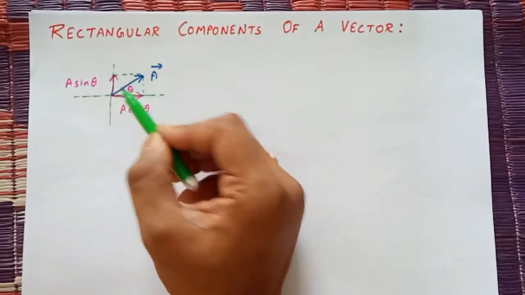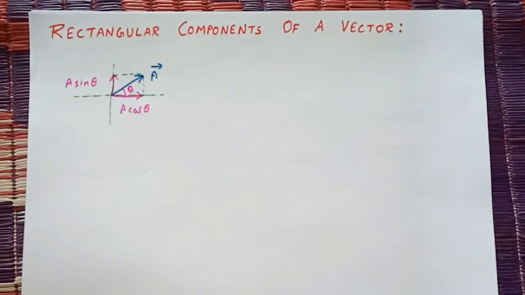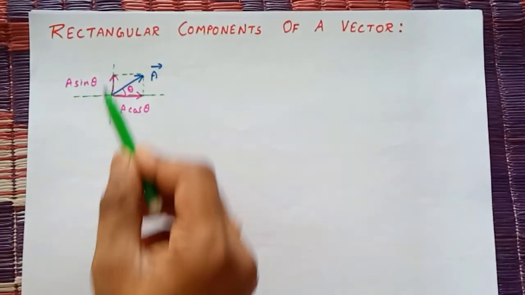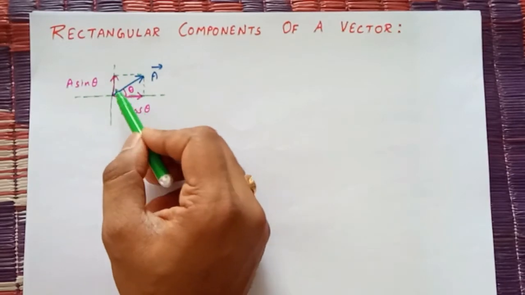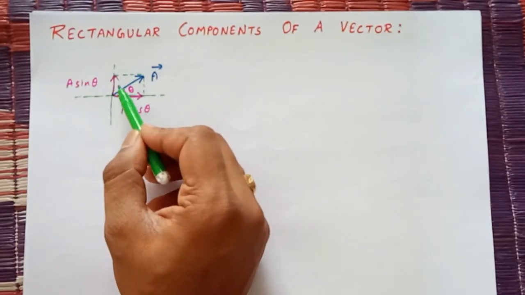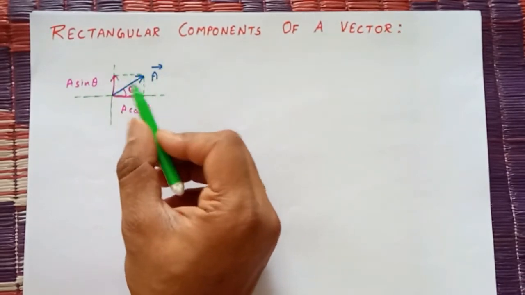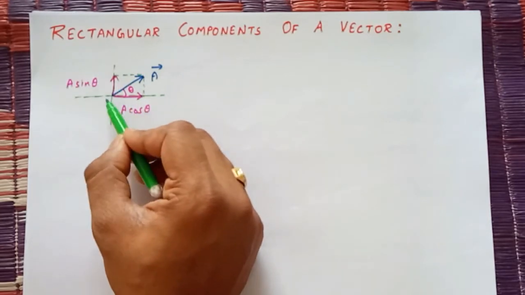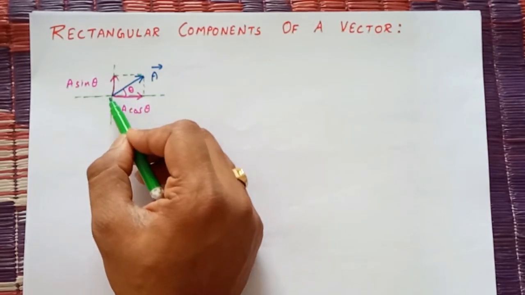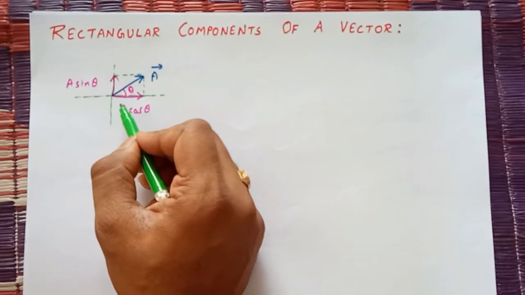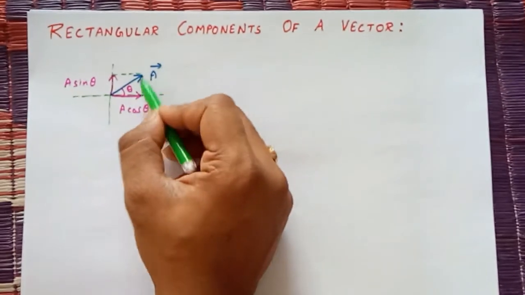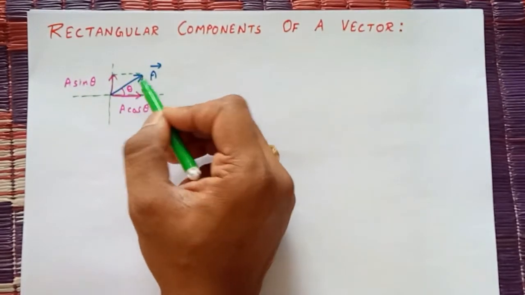Both components will be perpendicular to each other, and they are made in such a way that the given vector always lies between them.